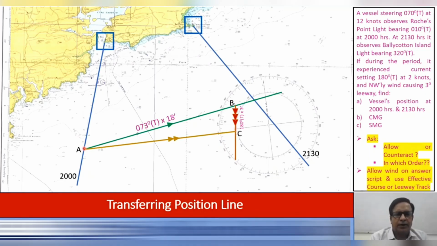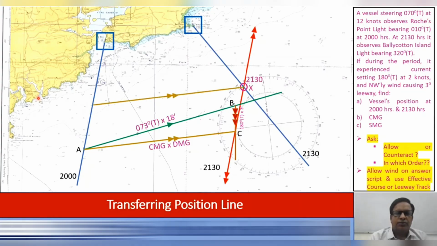Because if the vessel was at point A, steering 070 degrees true at 12 knots, experiencing wind and current as given in the question, then she would have done this effective course, and this current would have brought her to C. So point A gets transferred to C. So now we transfer the first PL through point C, mark with 2 arrows, indicate the time, and we get the position at 2130. Draw the CMG through this position where it will cut the first PL, that becomes the position at 2000 hours.